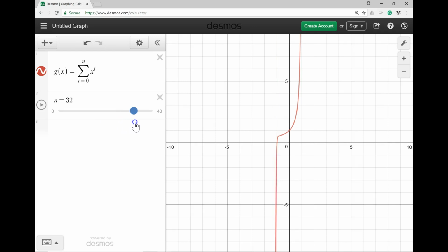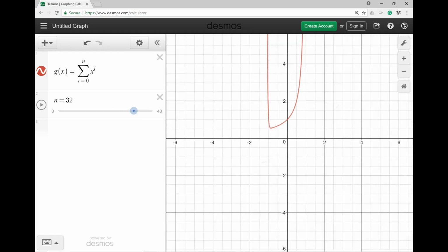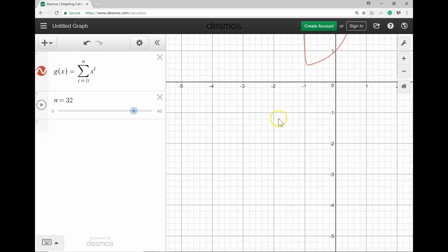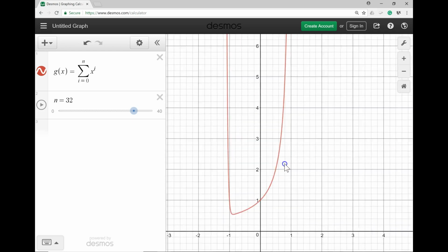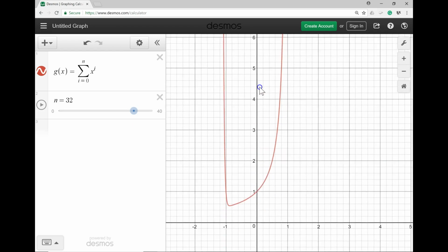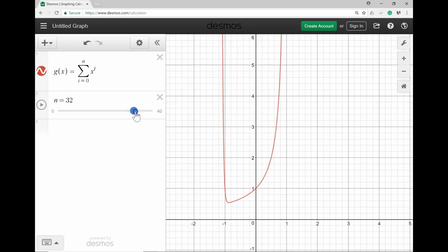And I don't know about you, but it looks like it's hanging out somewhere between -1 and 1. Right now, this series is going further to the left of -1, and if I zoomed in enough, I'm sure it would go a little bit to the right of 1, but the further I keep making n, it keeps shrinking. To me, this very much looks like it should make sense that the domain is -1 to 1. This is an idea that we'll be exploring in the next couple of videos, but just a little teaser right now.